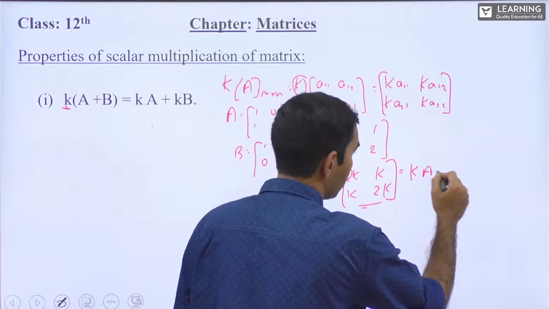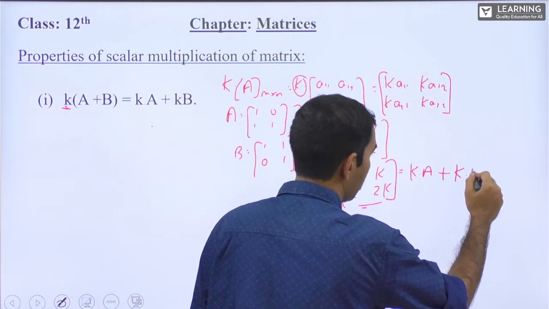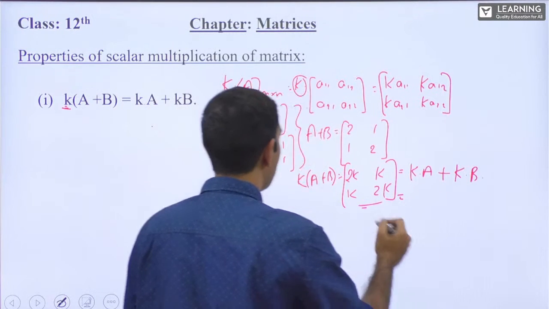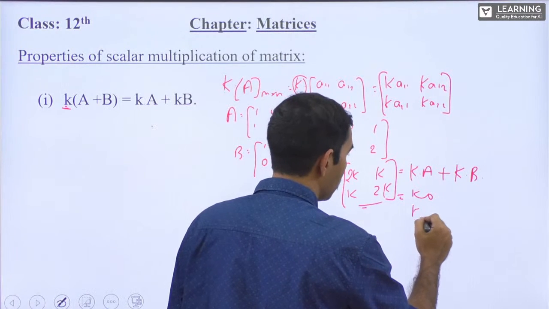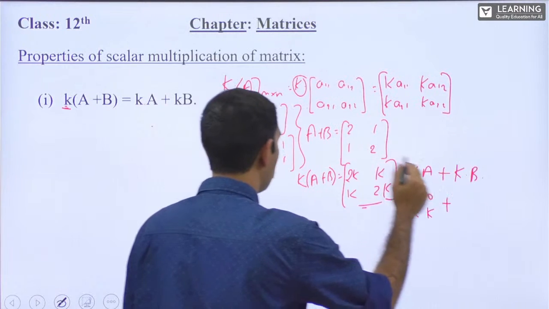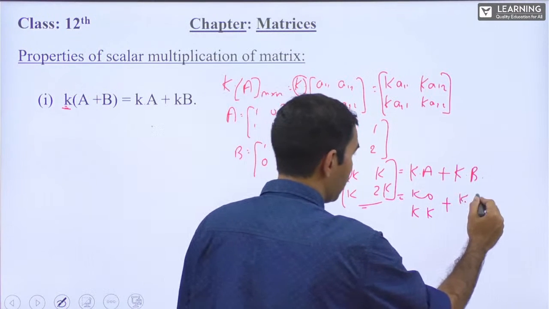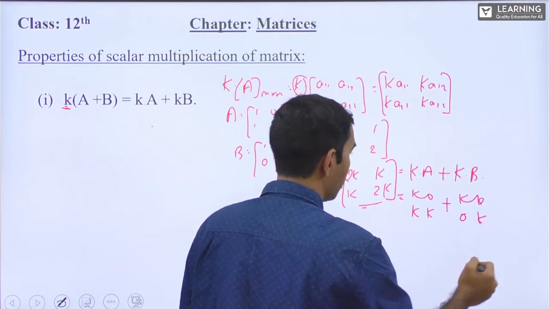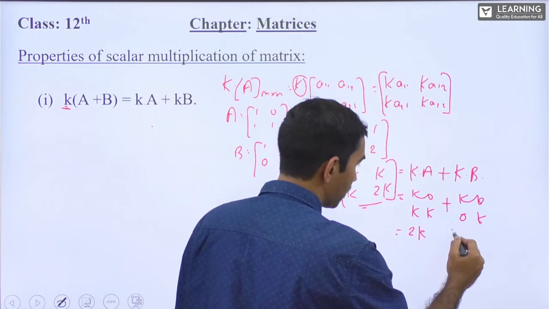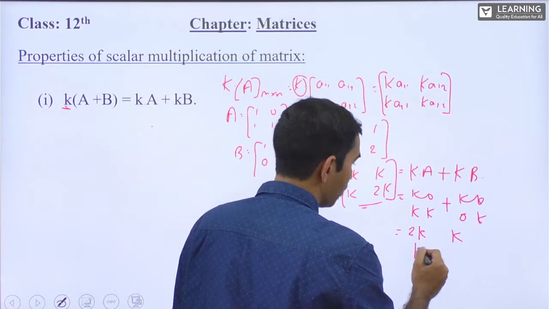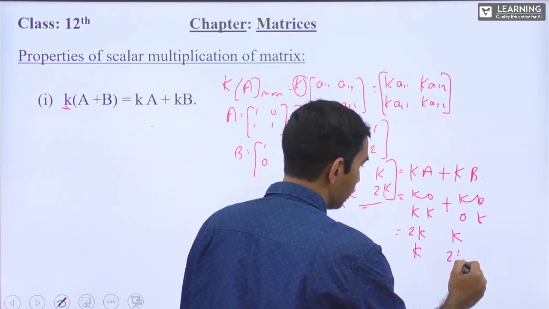K·A plus K·B. What is K·A, students? Multiplied with K, it will be [K, 0; K, K], plus K·B, that will be [K, K; 0, K]. Add them both: K plus K is 2K, 0 plus K is K, K plus 0 is K, K plus K is 2K.